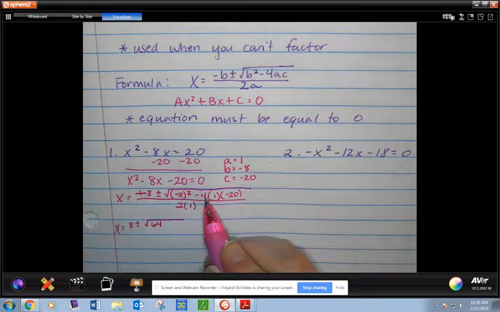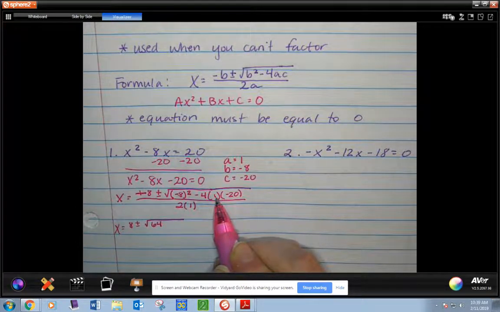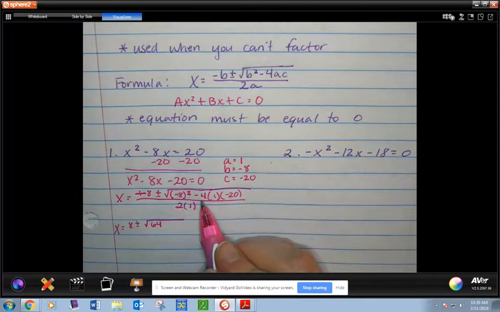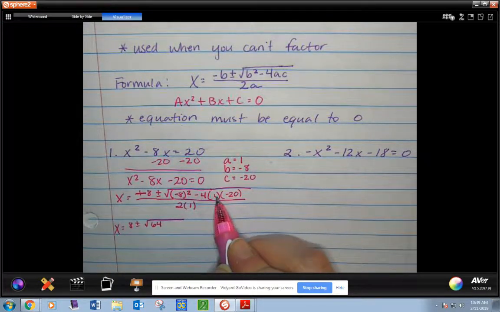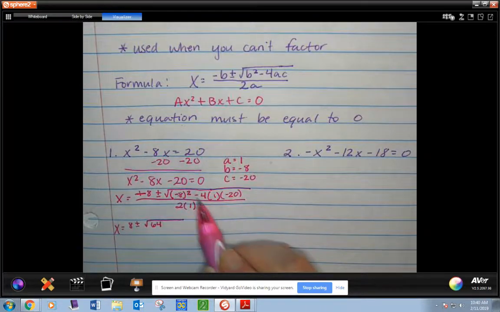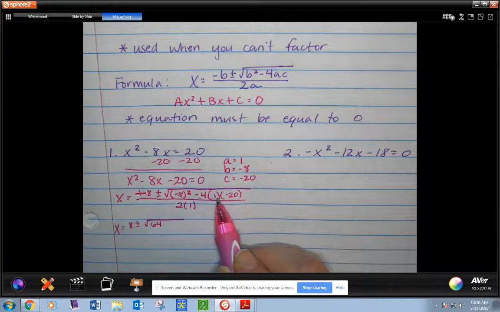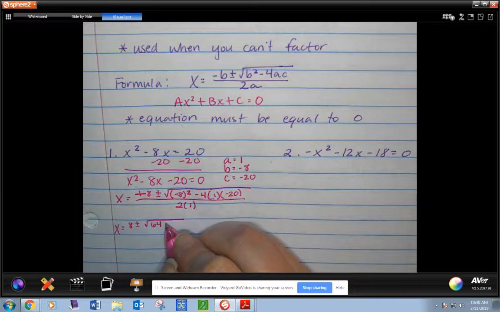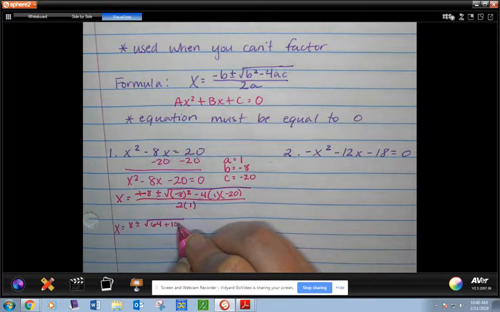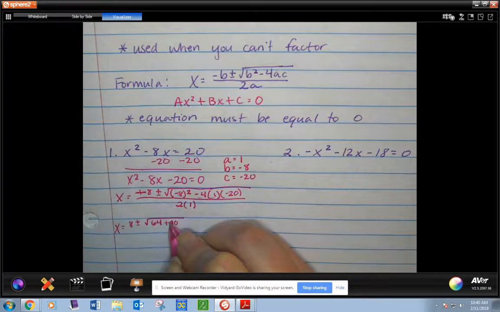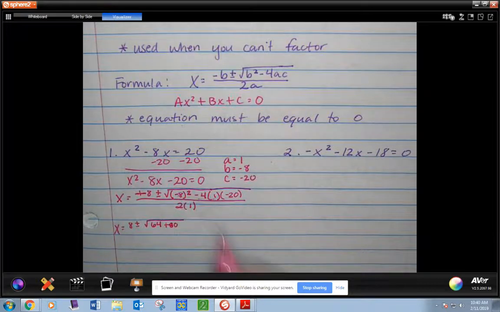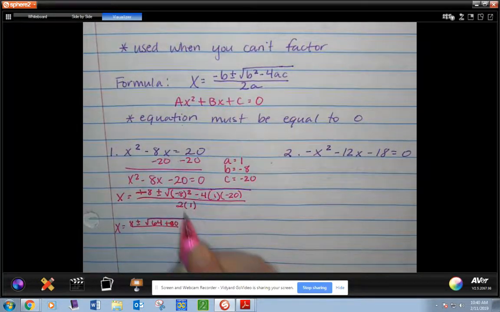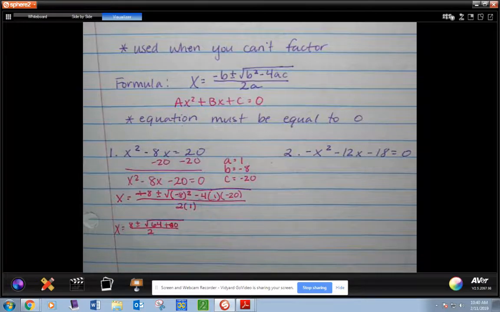And then 4 times 1 times negative 20, or if you would like to read this as negative 4 times 1 times negative 20, negative 4 times 1 is negative 4, and negative 4 times negative 20 is positive 80. And I'm going to keep my divide by 2 times 1, which is 2.